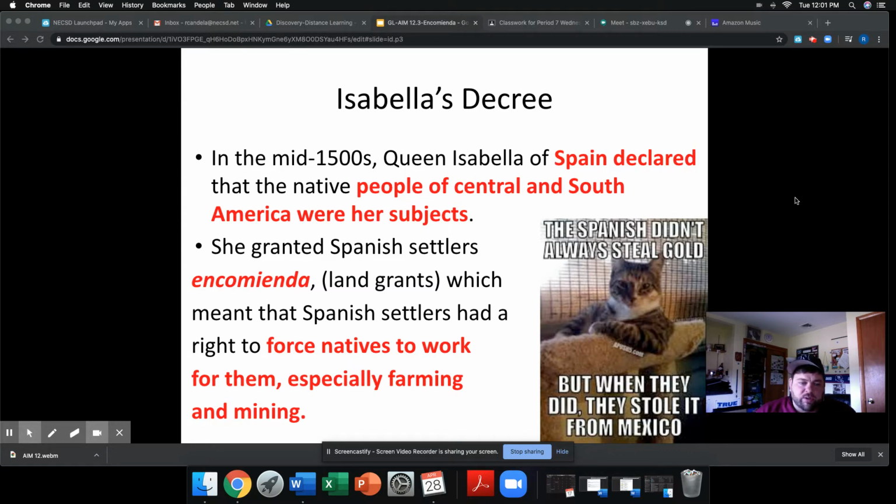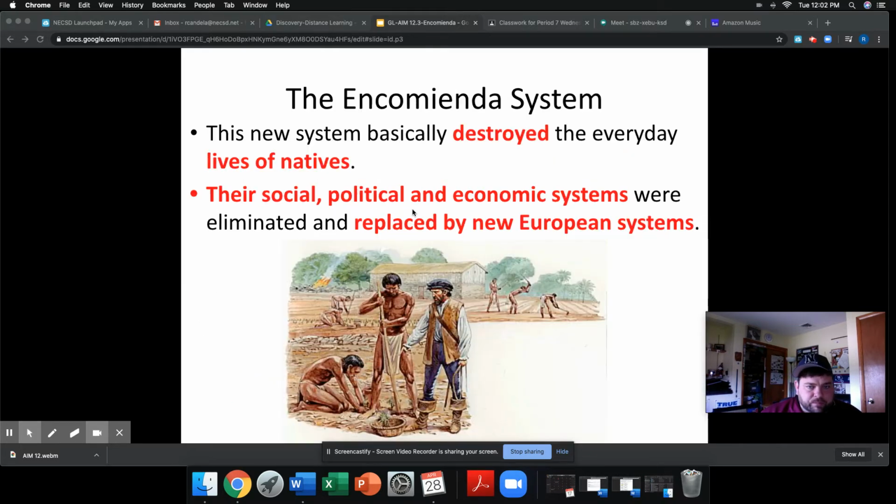And you're going to take this land that I'm giving you, and all the natives that are on that land, you're going to force them to work for you, because not only does the land belong to Spain, but so do the people on it. So now we have the right to force them into labor. And that's really what Spain is going to try to do.